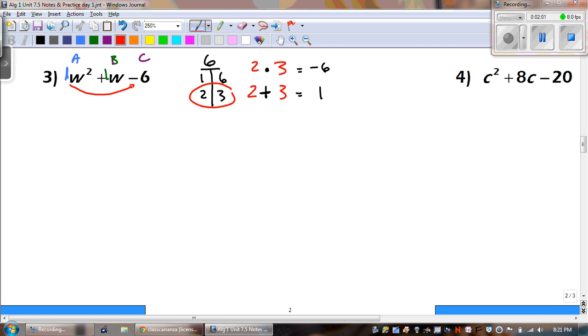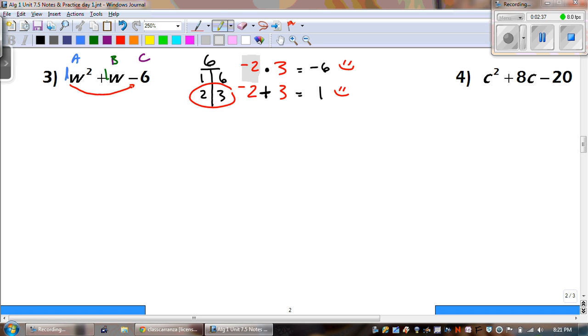To multiply to get a negative, one of my numbers has to be negative. Okay, so let's try with the -3. Well, 2 times -3 is -6. But what's 2 plus -3? -1, so that doesn't work. But what about -2? -2 times 3 is -6. And then -2 plus 3 is 1.